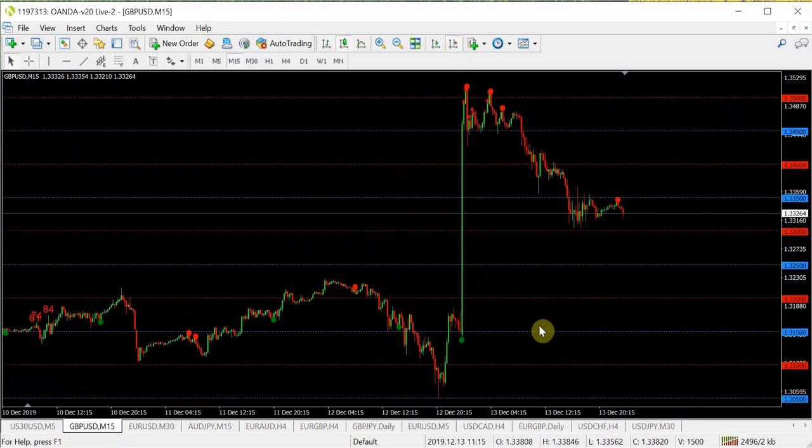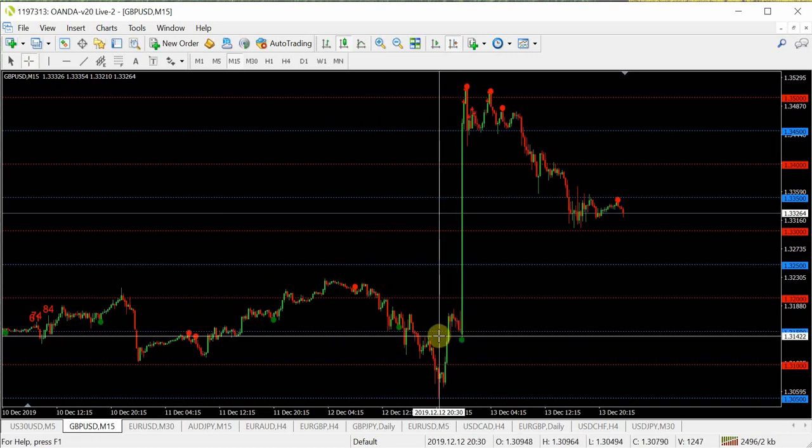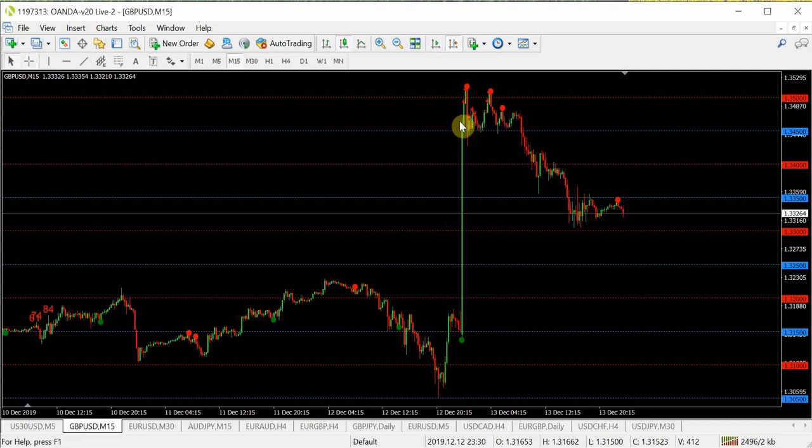So if we look over here, you can see there's a massive green bull candle, which is actually an engulfing candle because it engulfs the little candle before. And to put things in perspective, in 15 minutes, the GBPUSD moved 322 pips.